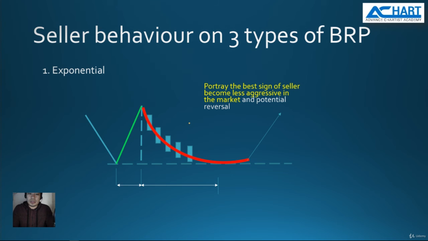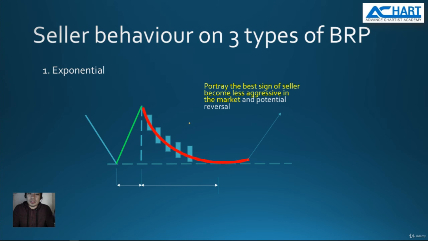It doesn't matter, it appears in all three types of bottom reversal pattern. But if it appears to be exponential or parabolic, it has a high chance that the seller has become really less aggressive.